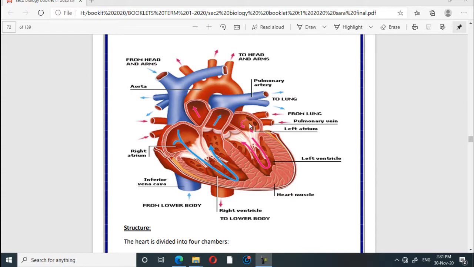On the other side, we have another vein called vena cava. We have also two arteries coming out from the heart. One of them is the largest artery, called the aorta, which branches to distribute the blood throughout the body, and the other is called the pulmonary artery.